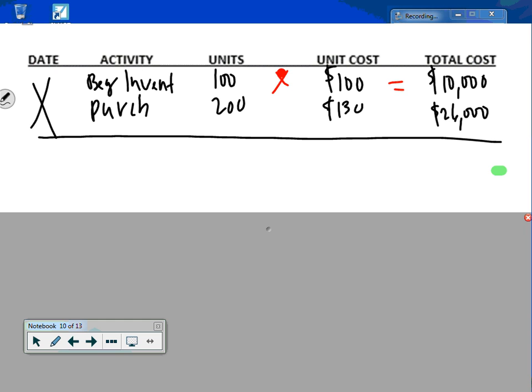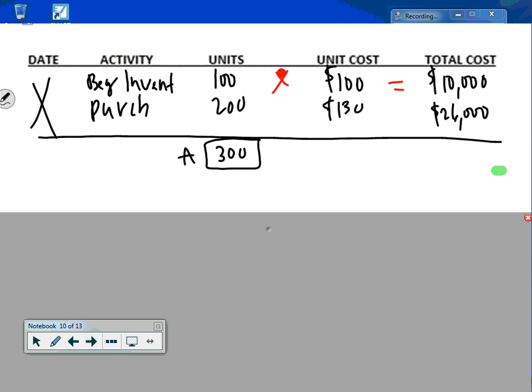Number 1 on your cheat sheet, you'd have to go search for that. Number 2 on the cheat sheet, you'd have to calculate that. What did they give you in the little bio? Did they give you the ending inventory or the units sold? Okay. Well, can we tell right now how many total we had available? 300 was available.